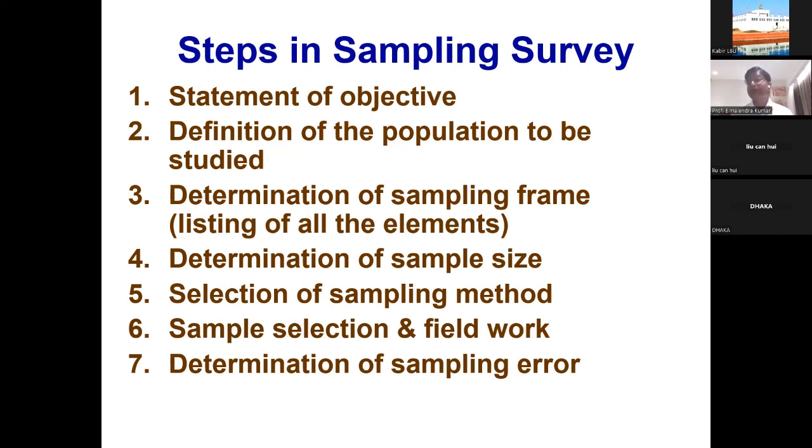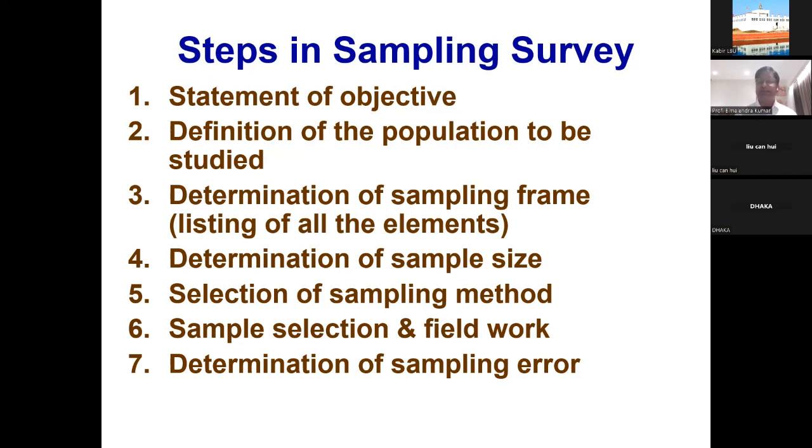Here in the sampling method also, there must be objectives. The general objective is that I am doing my research for the sake of advancement of knowledge in a field.